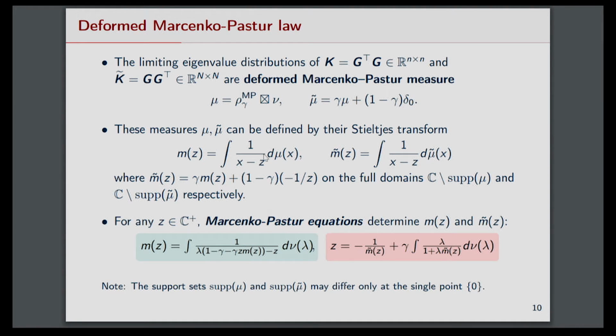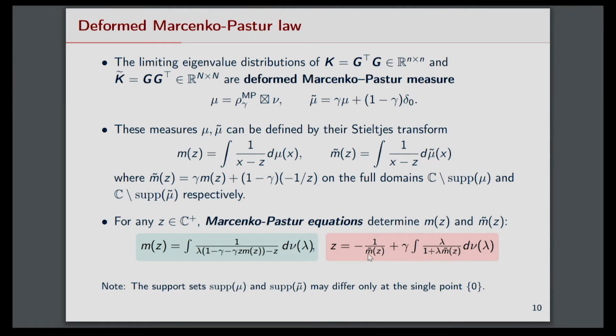These two transforms are governed by two fixed point equations. The blue one is the fixed point equation for m of z, and the red box is for m tilde. For any z, you can use the fixed point equation to compute the Stieltjes transform, and using the Stieltjes transform, you can recover the limiting eigenvalue distribution.